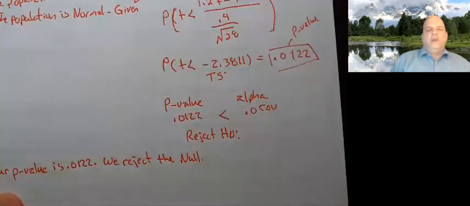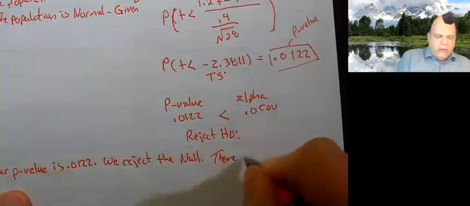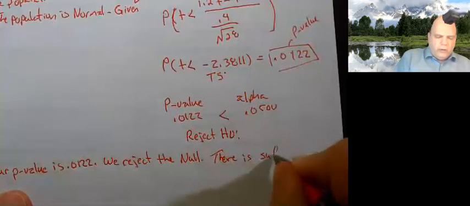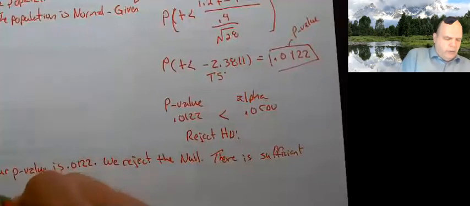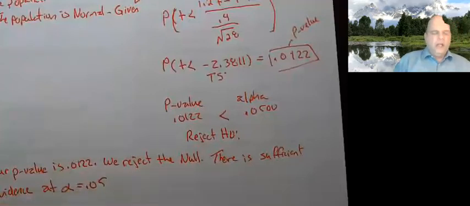All right, we just said that we no longer believe the initial claim. We no longer believe the null hypothesis. There is sufficient evidence at alpha equal 0.05. And if you want to write the word alpha out, that's fine. That you can do.